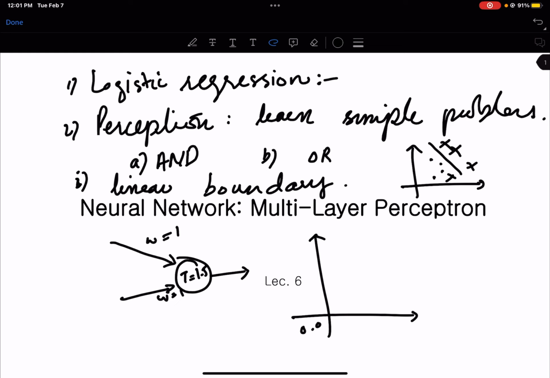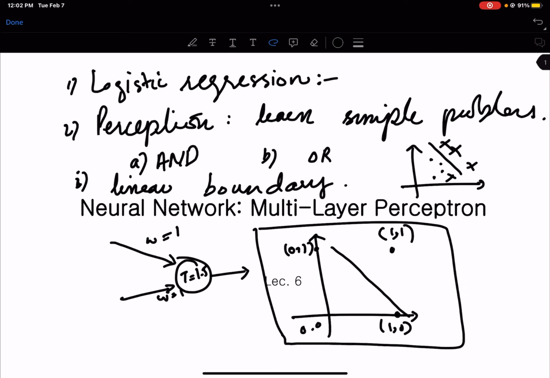This is our pattern space. In this example, we are able to separate the linear space for the AND operation. So we can use the perceptron for these simple problems. However, most problems are not linearly separable, and for that we can use the multi-layer perceptron.